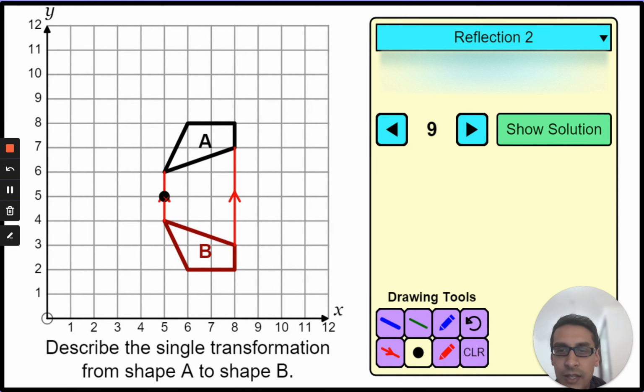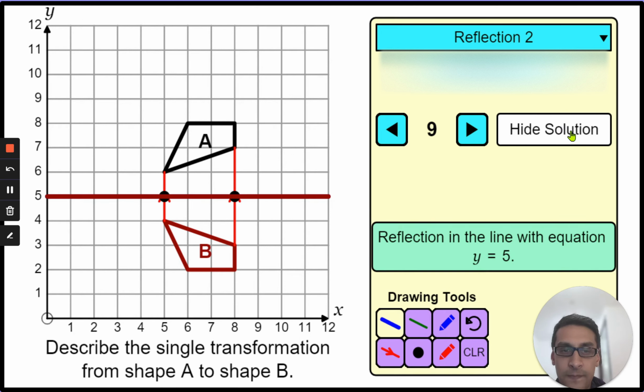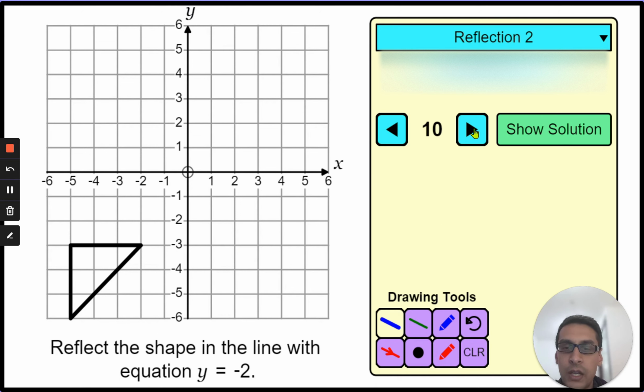Now this one's easy because it's just 1, and you can see this is 4 units long, so you're going to go 2 up, and then that is your mirror line. So the answer is it's been reflected about the line y is equal to 5. So that's your answer.